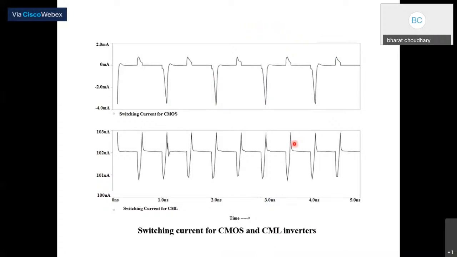We have also verified by using different simulations that this is the switching current for CMOS. This is around the range of milliamperes or microamperes, in the thousands of microamperes, whereas in case of current mode logic, it is in the range of a few microamperes or nanoamperes.